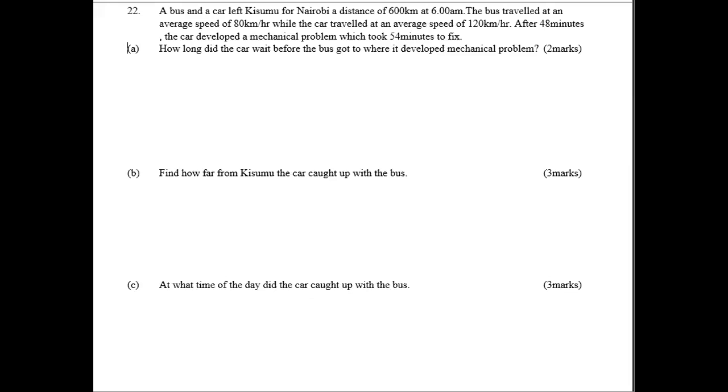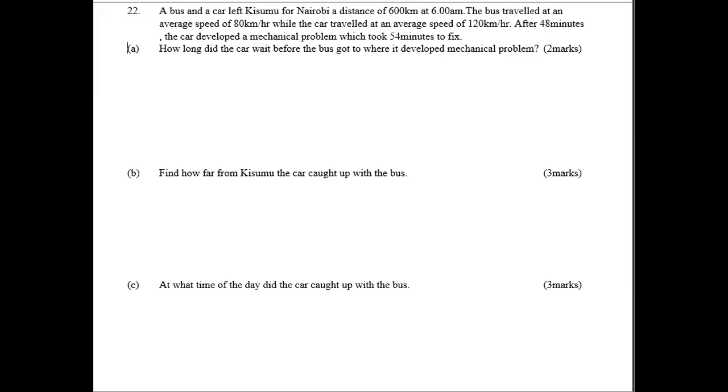Now, part B of the question asks, how far from Kisumu the car caught up with the bus? The bus continued to travel as soon as it passed the broken car.